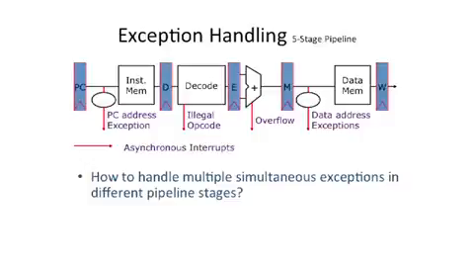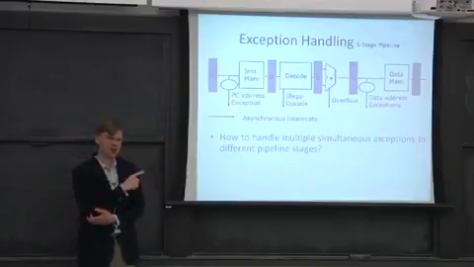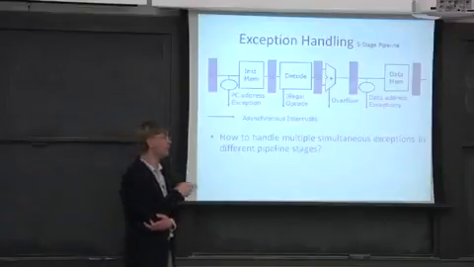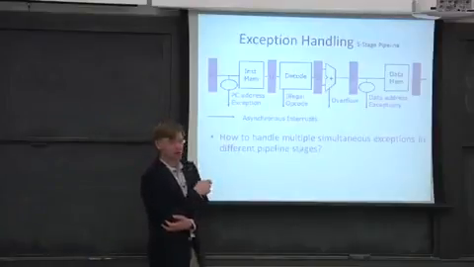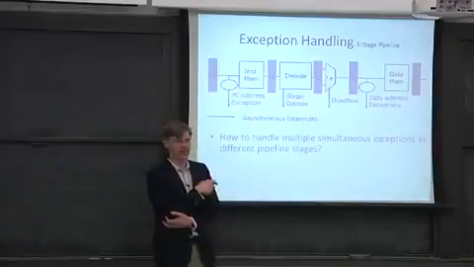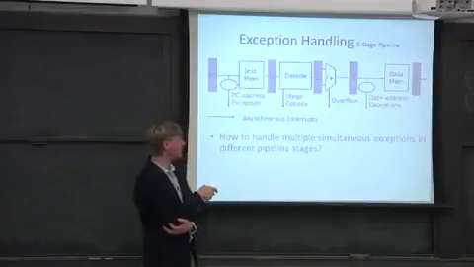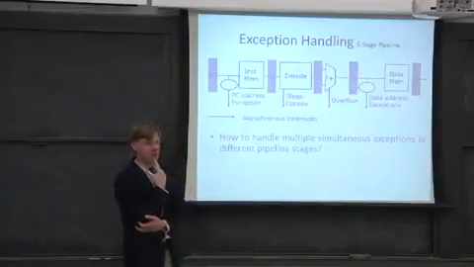OK, so a good first question here is how do we handle multiple simultaneous interrupts in different pipeline stages happening all at the same time? I agree we should prioritize them. So what is the oldest instruction in the pipeline here? This is going to be the oldest instruction in the pipe.